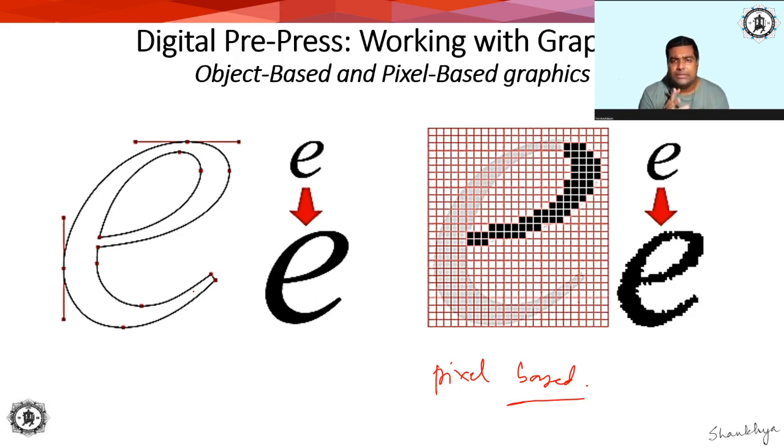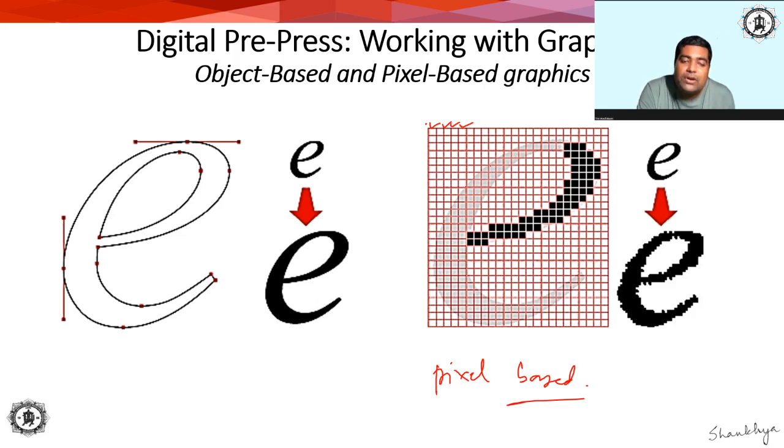But in case of a pixel based image, how does it occur? A pixel based image works on the principle of that matrix that I told about. These are the various pixels that you see on the screen. Pixel based images are created by filling up or lighting up certain pixels in certain areas.